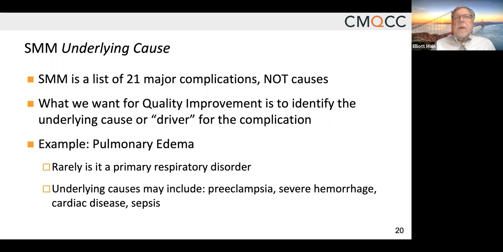For example, pulmonary edema, which is an SMM, is rarely a primary respiratory disorder. The underlying causes are typically preeclampsia, severe hemorrhage, cardiac disease, sepsis. So you can't go into this thinking, let's attack pulmonary edema in general, but you really have to look at what the underlying causes were in these cases. So was it preeclampsia or was it hemorrhage?